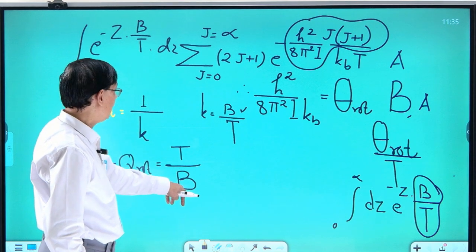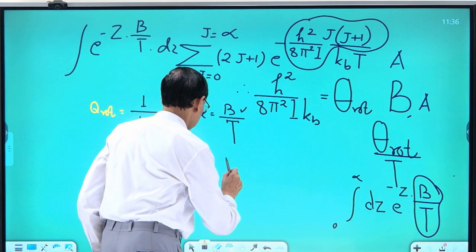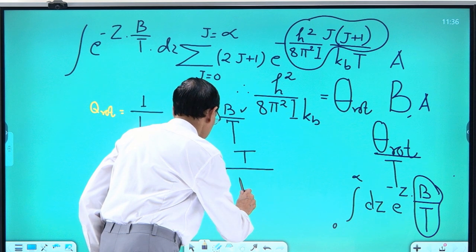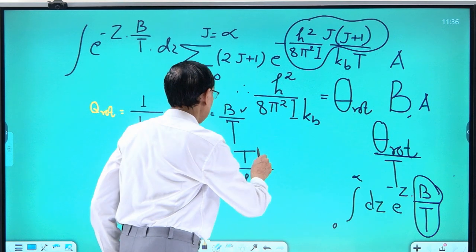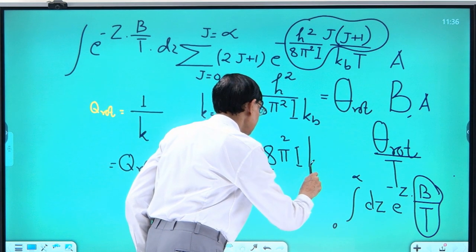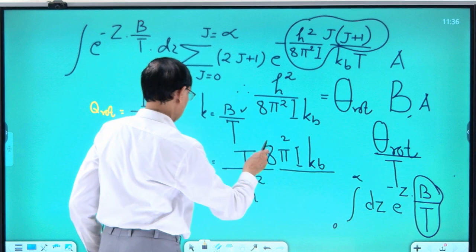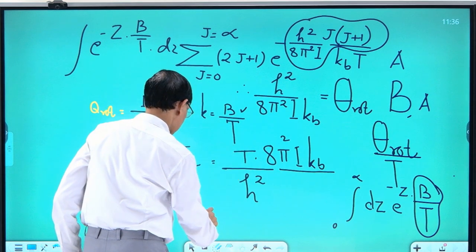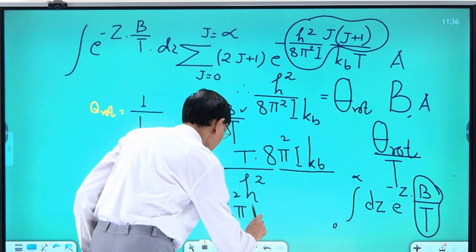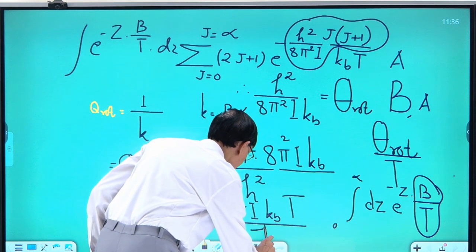And I have to substitute the value of b from here. So b is equal to h square by 8 pi square I kb, so it will be t times 8 pi square I kb divided by h square.